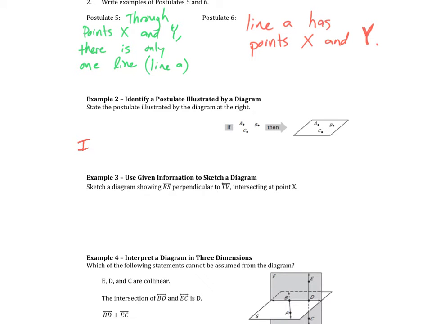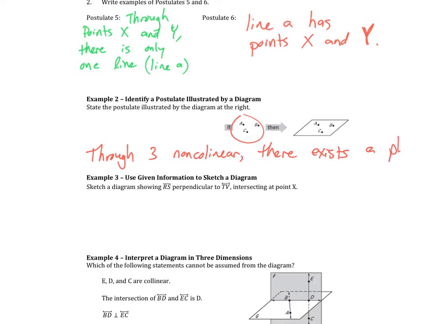They're saying if 3 points, then plane. What we could say is through 3 non-collinear points, there exists a plane.